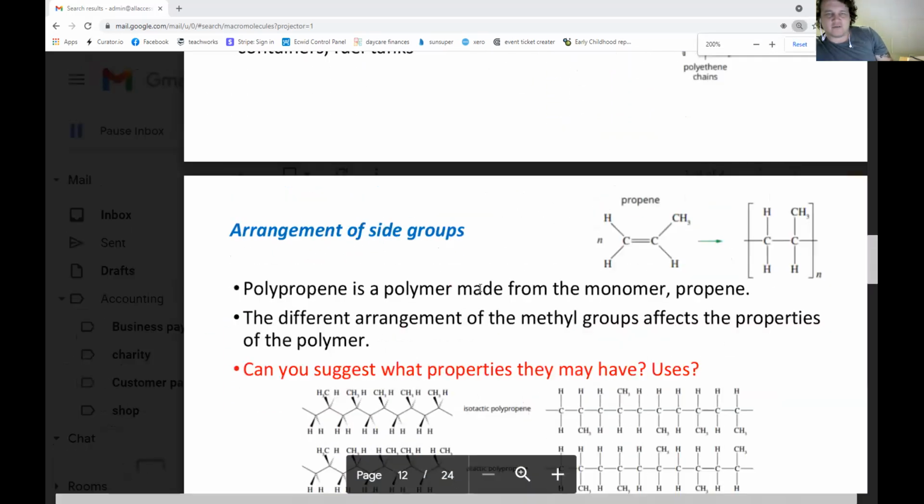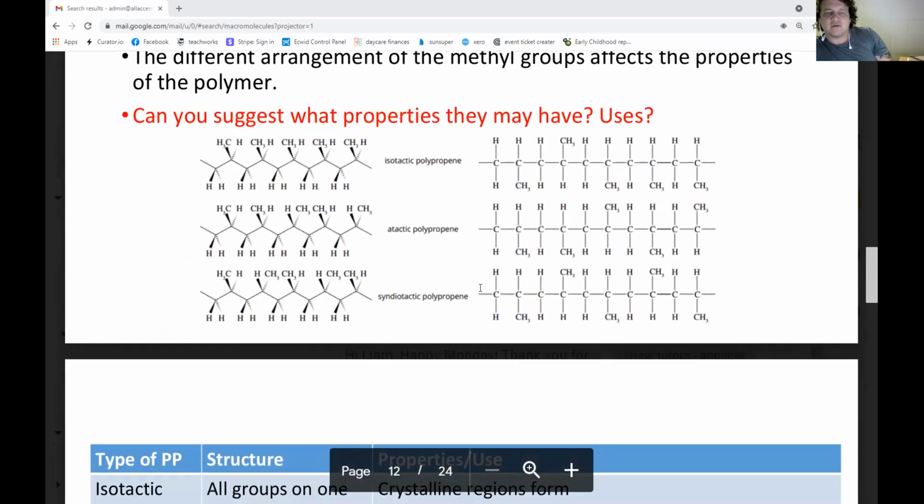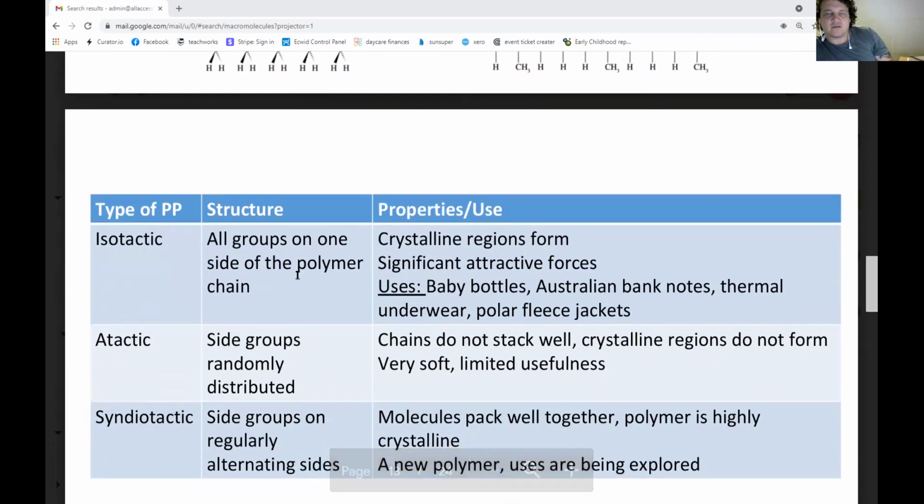So here we've got 3 different kinds of polypropylene. So we have isotactic, atactic, and syndiotactic. So isotactic, all groups are on one side of the polymer chain.